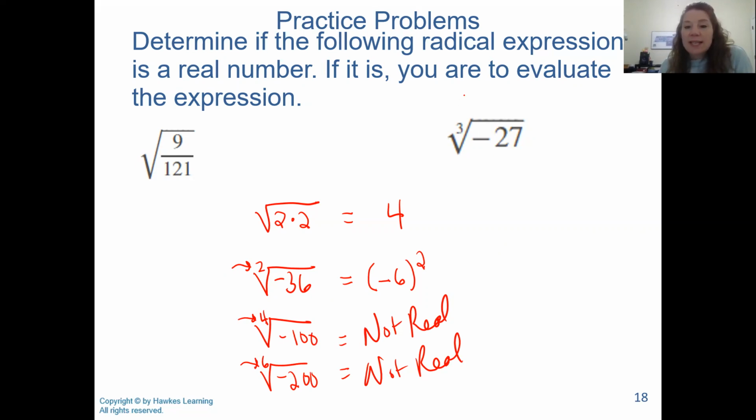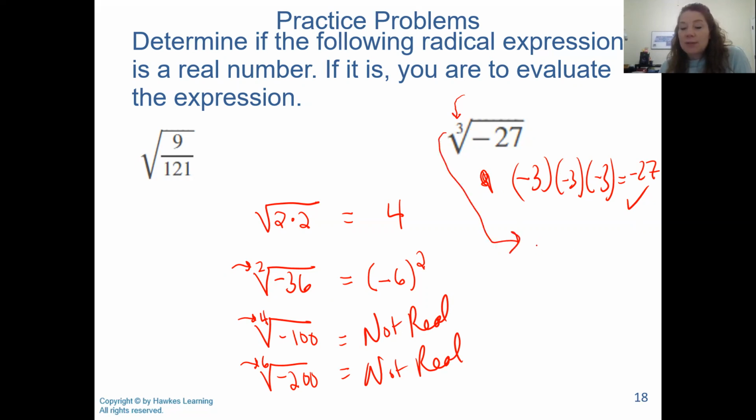However, what if this is an odd number? Well, don't you agree with me that -3 times -3 times -3 is -27? That's true. So the cube root of -27 is a real number, and the answer is -3, because -3 cubed is -27. So if this number right here is odd, this is a real number.